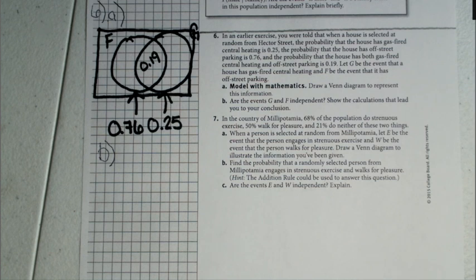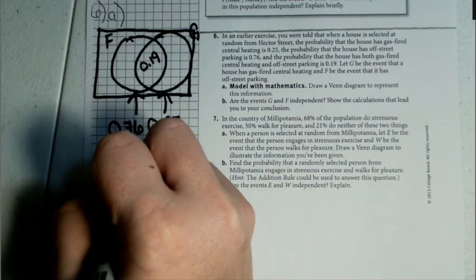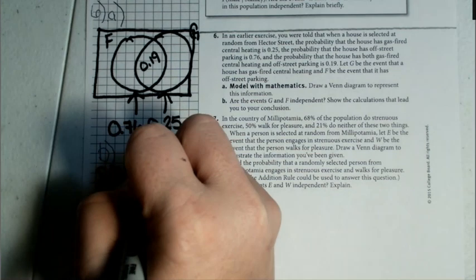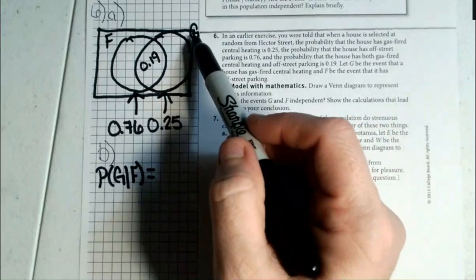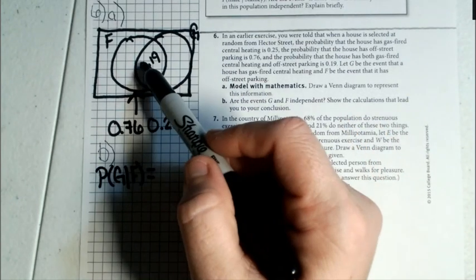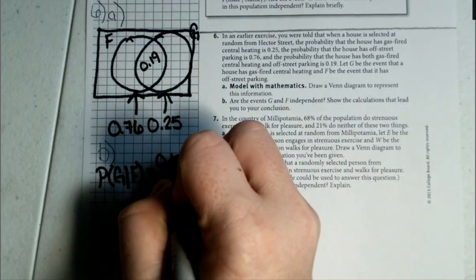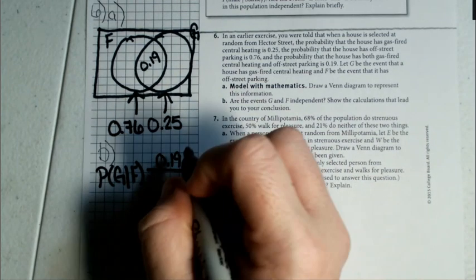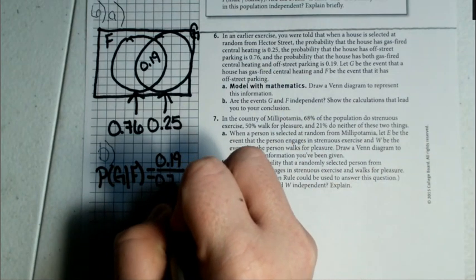All right. So here we go. Probability of G given F equals 0.19 over F, which is 0.76.